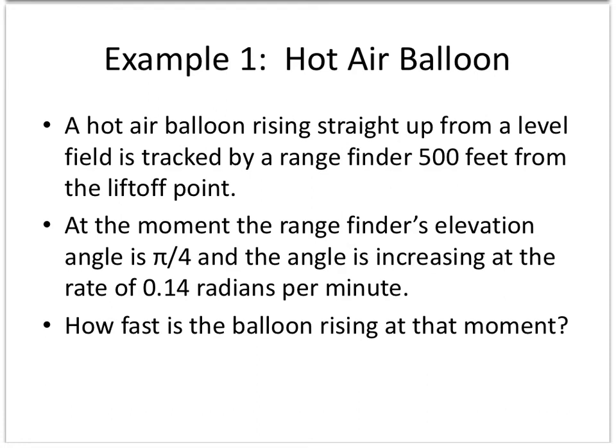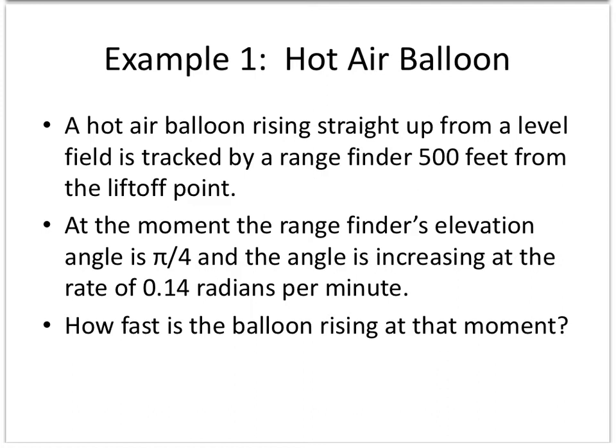So if we have this hot air balloon rising straight up from a level field, tracked by a rangefinder 500 feet from the liftoff point, we're told that at the moment the rangefinder's elevation angle is pi over 4, the angle is increasing at 0.14 radians per minute. How fast is the balloon rising at that moment?